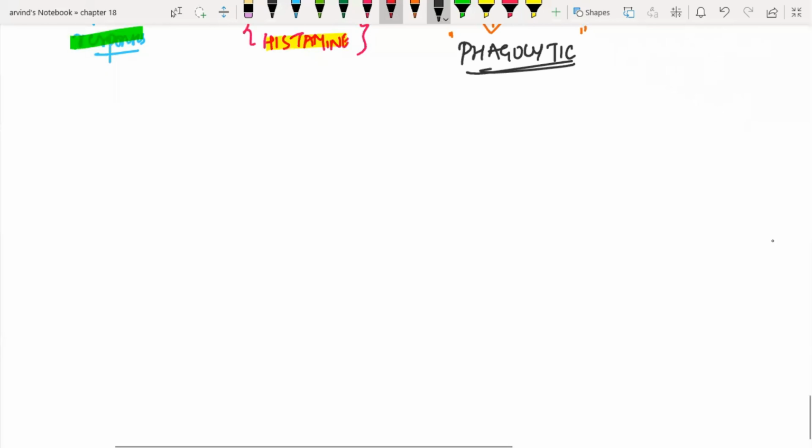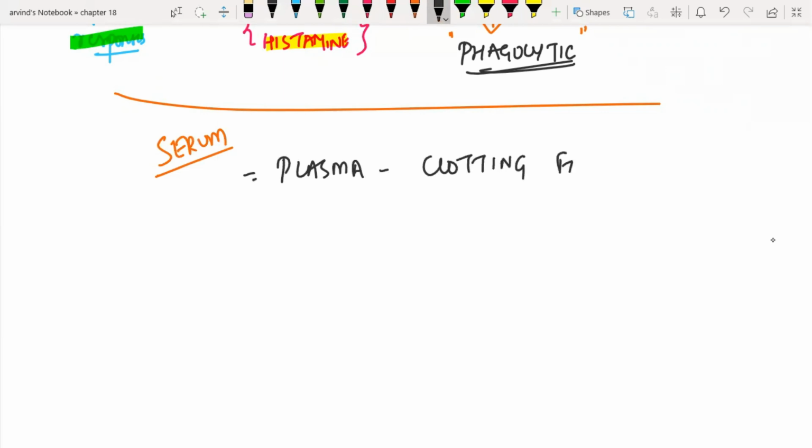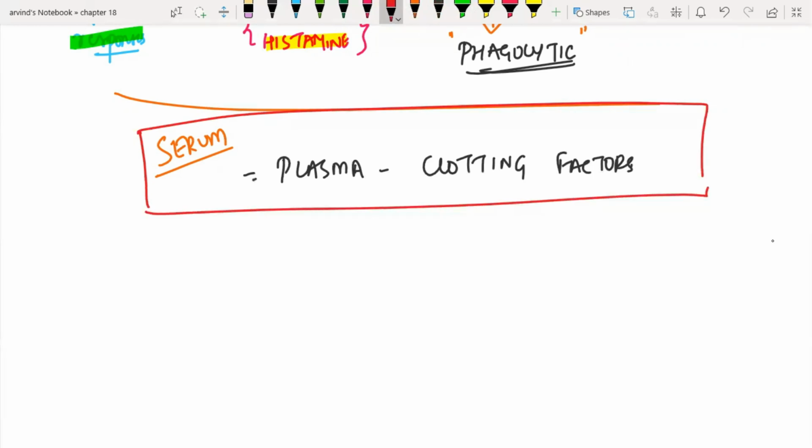Sometimes, very rarely, if the examiner wants to give you a simple question, he asks, what is serum? Serum is nothing but plasma minus clotting factors, right? I told you plasma is the place where you will find almost every component: electrolytes, clotting factors, and all that. When we discussed the coagulation system, we just saw a few steps.